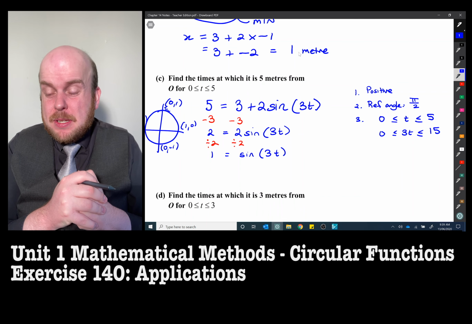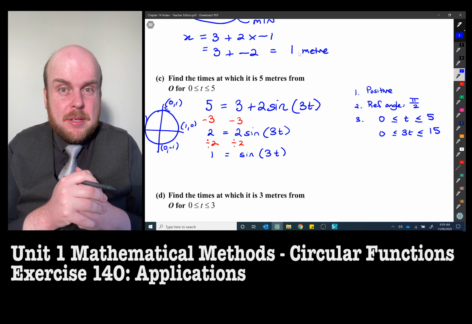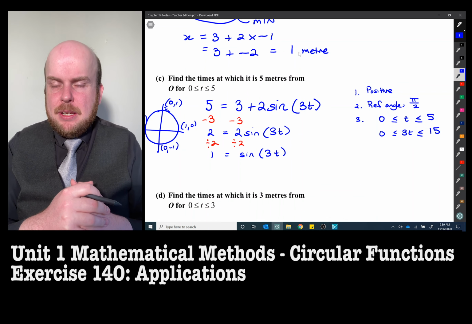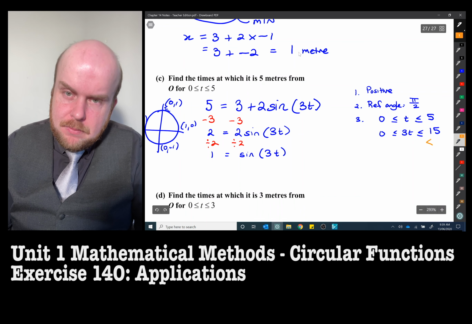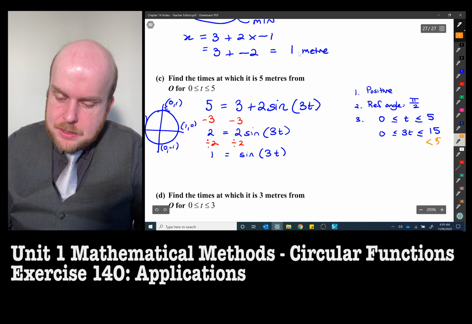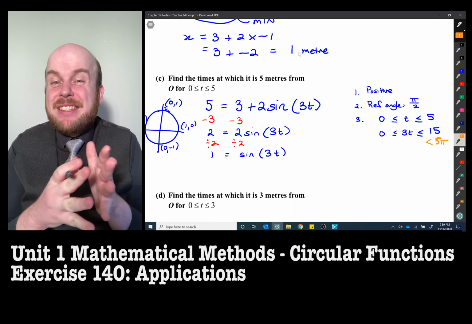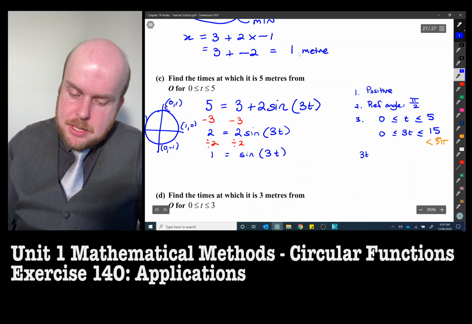So what I'm going to suggest here is, how many times can 3 fit into 15? Well, it can fit into 5 times. So because it's 3 and a bit, it's definitely going to be less than 5 times. So I'm actually just going to say, as a rough guide, that the domain is between 0 and somewhere less than 5 pi. That's what I'm going to suggest here.